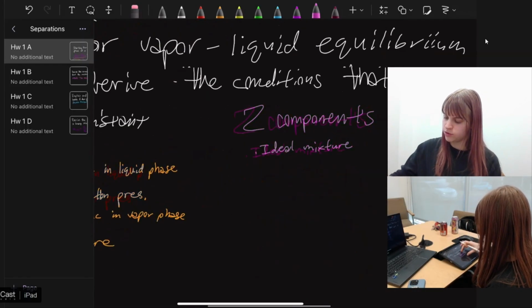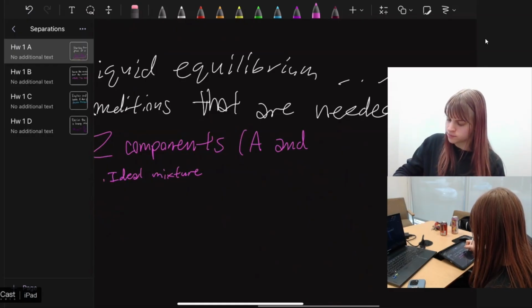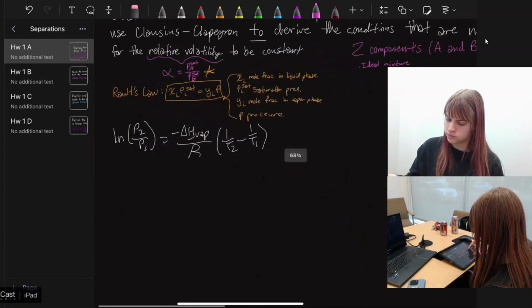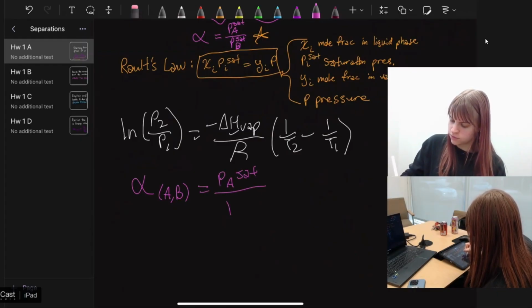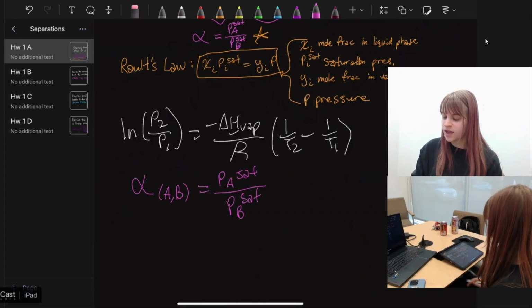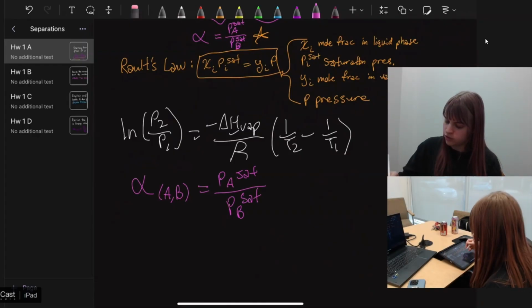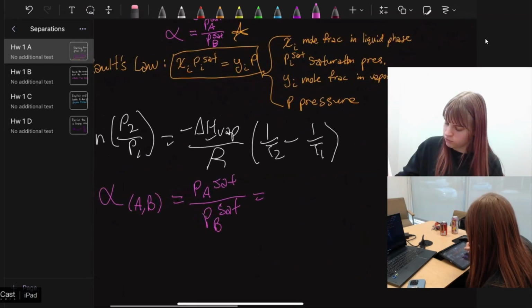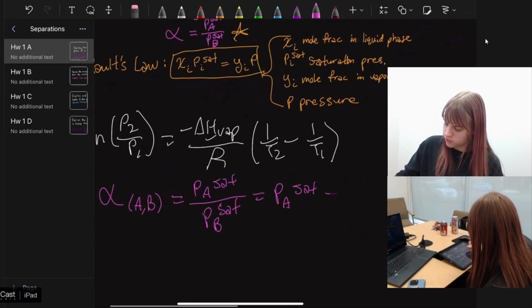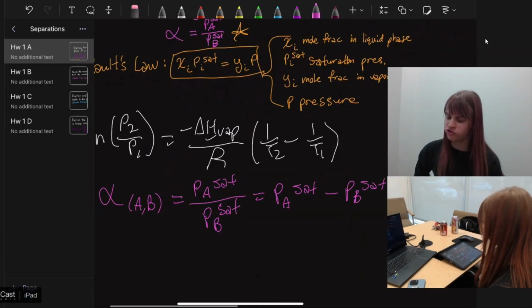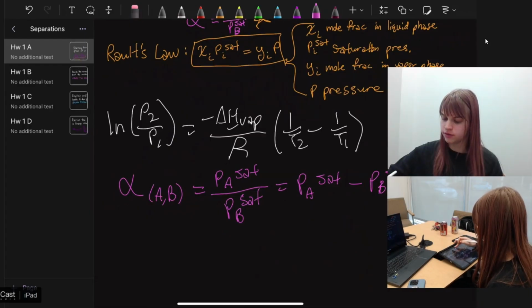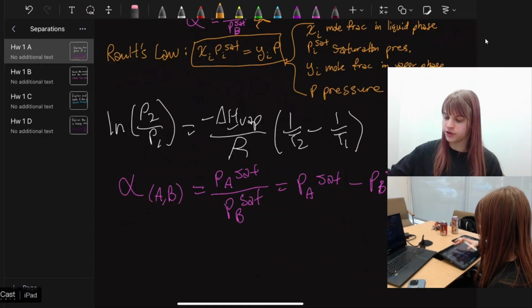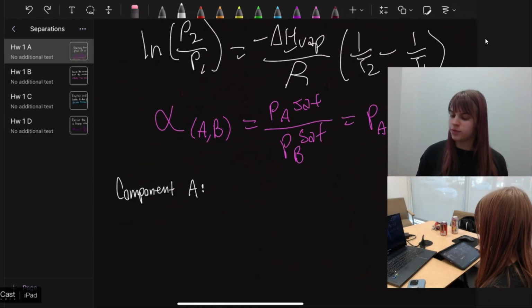I'm going to call these components A and B. So this relative volatility of A and B should equal PA sat over PB sat, which we can also write, as I said, due to log rules, as the natural log of PA sat minus the natural log of PB sat, the saturation pressures for both of those. Now we are going to write out the Clausius-Clapeyron equation, but for each component.